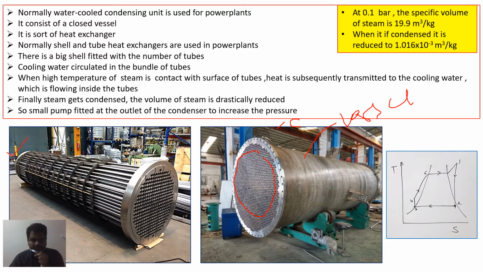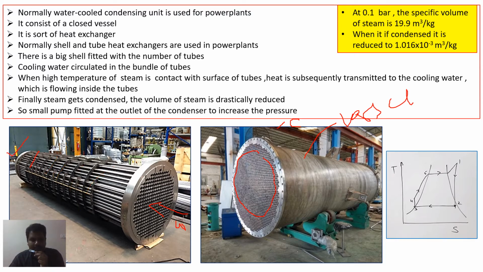Here in the first figure, you can see there is a bundle of tubes inside the vessel. Inside the tubes, we send water. Generally, this water temperature is 20 to 25 degrees centigrade, because we use regular water.